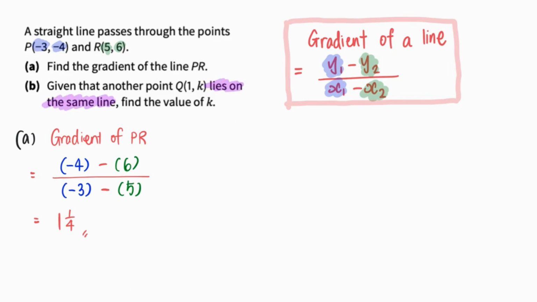Okay, so if I were to just do a rough sketch, let me just create a space here first. So if I have this line, and I got my point P, and I got my point R, and now I got a point Q.